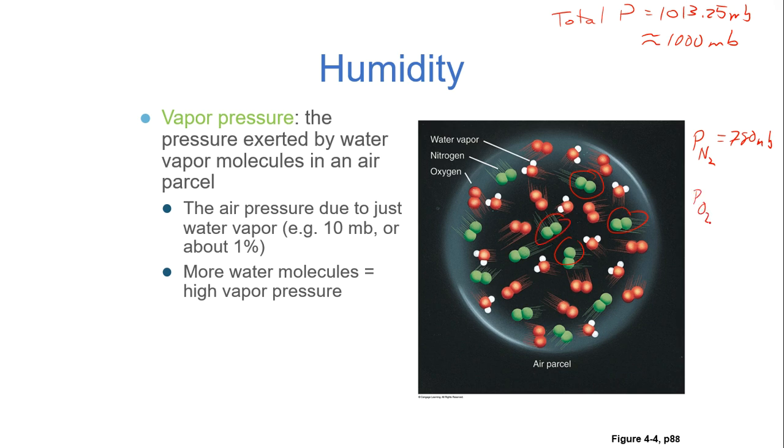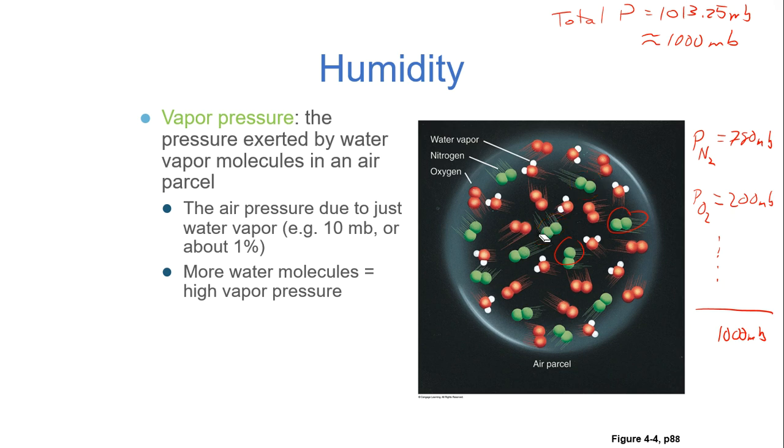So the pressure exerted by oxygen comes up to about 200 millibars. And so on. You do this for all the molecules. If you add up all the pressures by the individual molecules, it should add back up to roughly 1000 millibars. If we have exactly one standard atmospheric pressure, then it should add up to 1013.25 millibars.